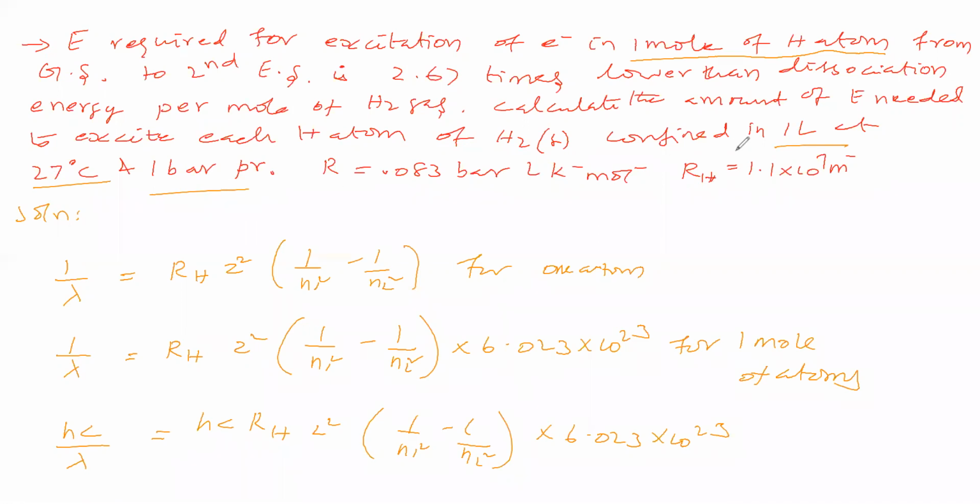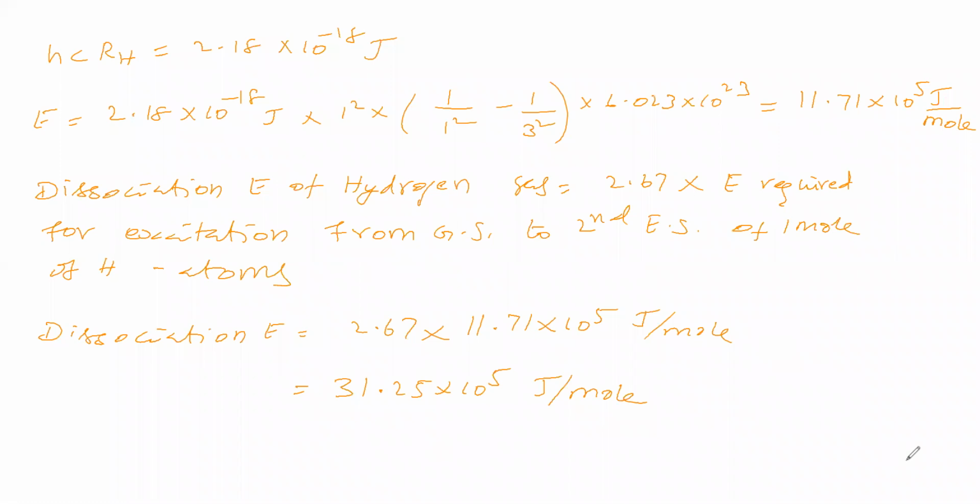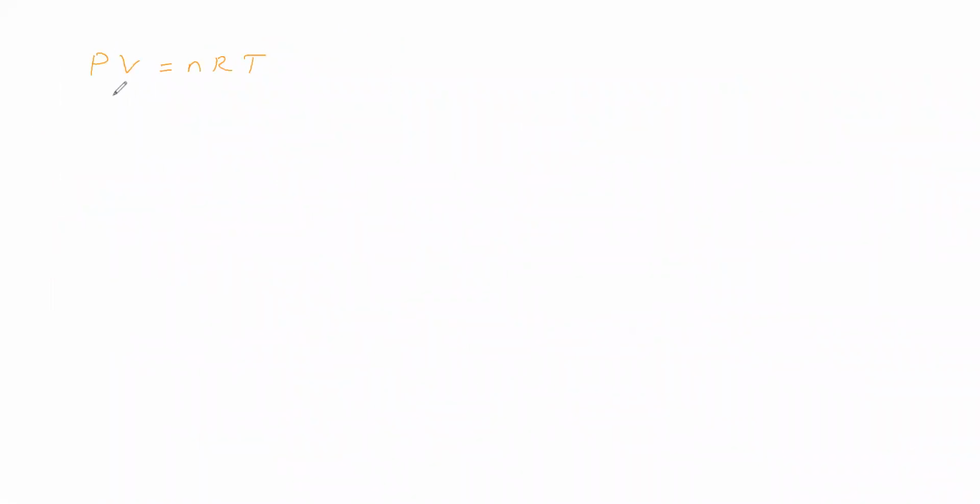So this is hydrogen gas, and we have to take this hydrogen gas to excitation. First we will find the number of moles, so PV is equal to nRT. Pressure is given as 1 bar, volume is 1 liter.